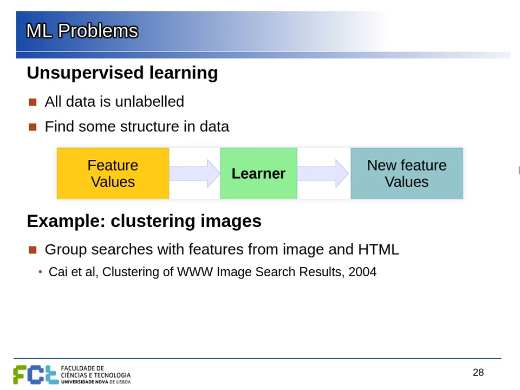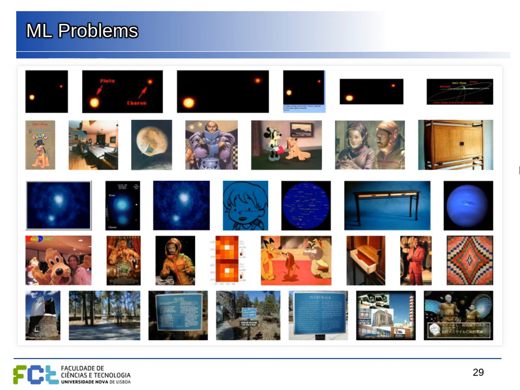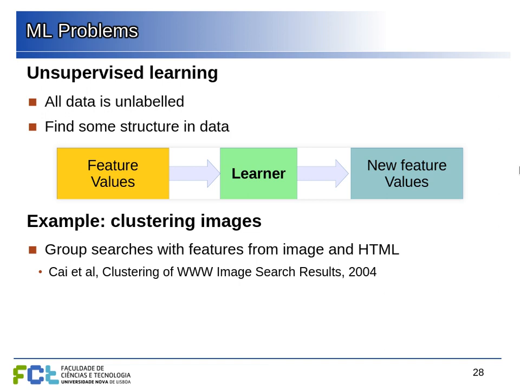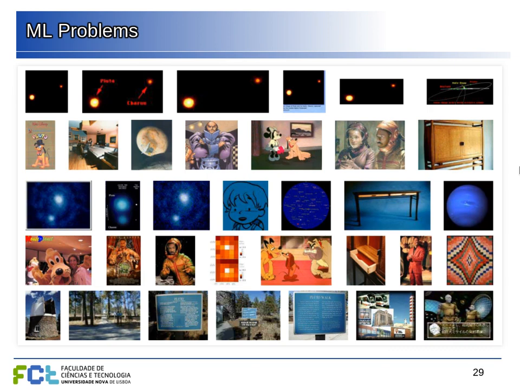We are not doing this in a supervised manner because beforehand we don't know which cluster they will belong to, but we can assess the results, for example, in this case, by clustering images. This paper describes clustering images based not only on the image itself, but also on labels that the HTML page can have assigned to the image. So we have here different groups of images.